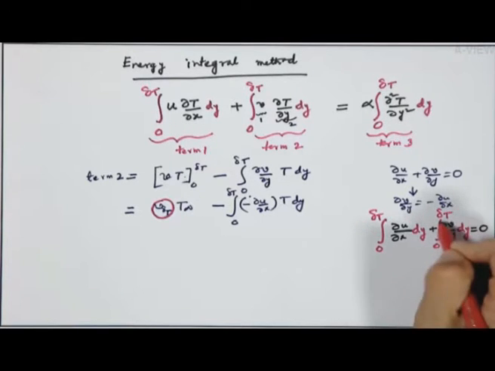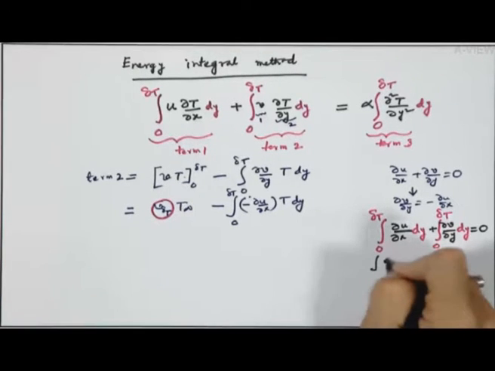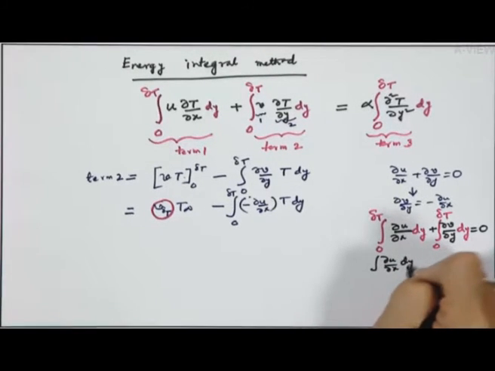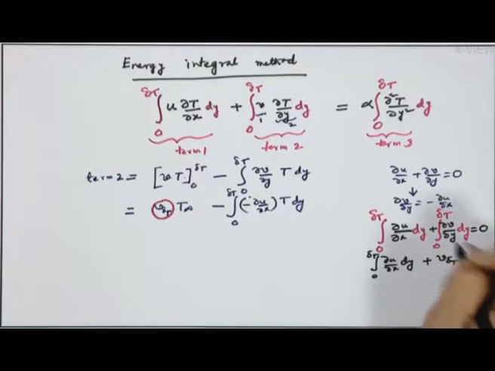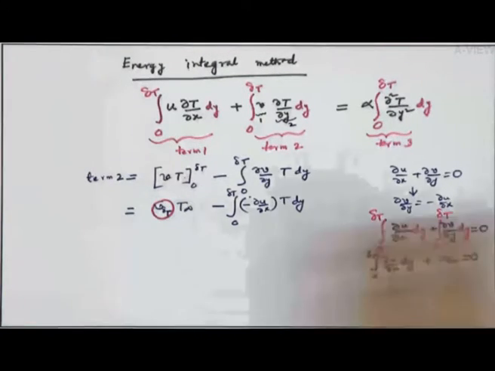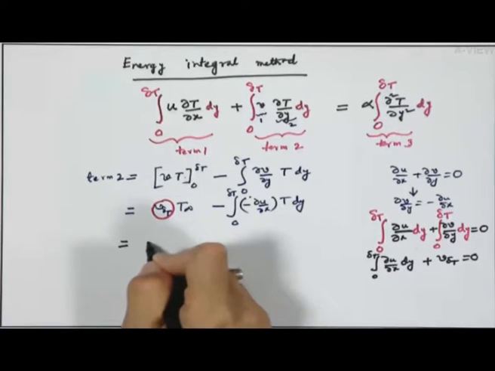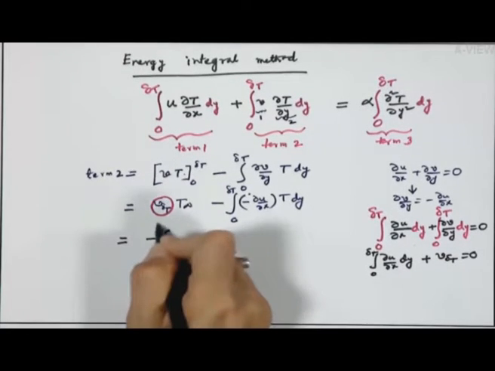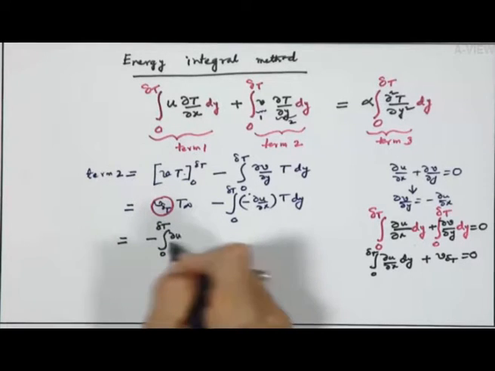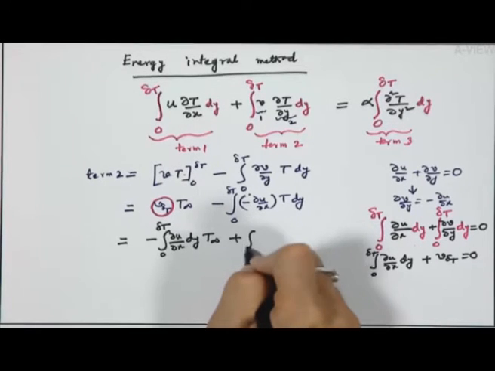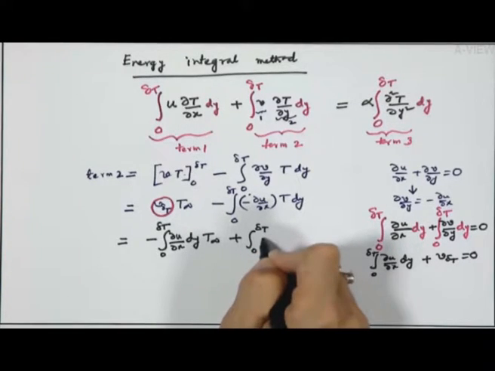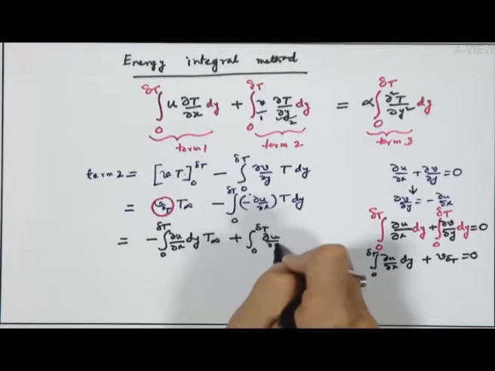So, you can write integral ∂u/∂x dy from 0 to delta t plus v at delta t minus v at 0, which is 0, is equal to 0. So, v at delta t you can write as minus integral 0 to delta t ∂u/∂x dy, this into T infinity, plus integral 0 to delta t ∂u/∂x T dy.